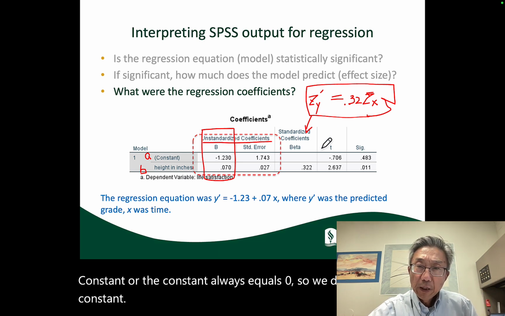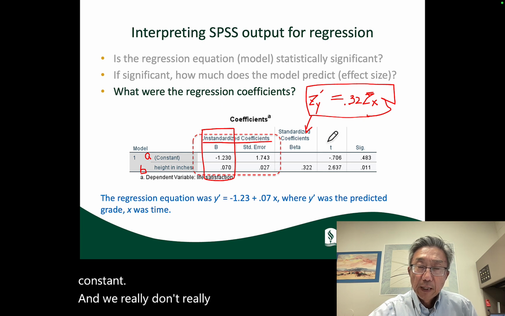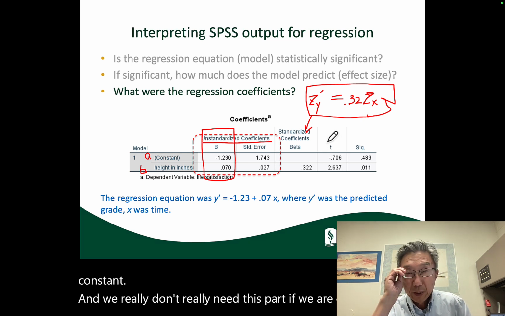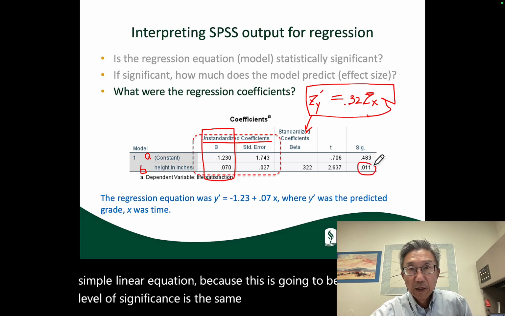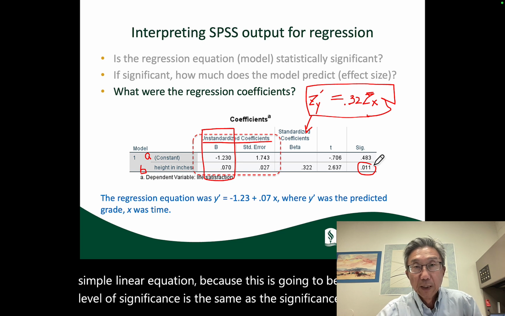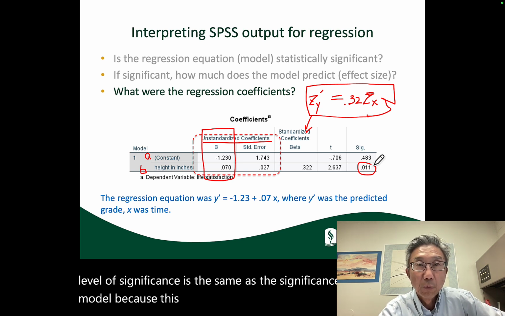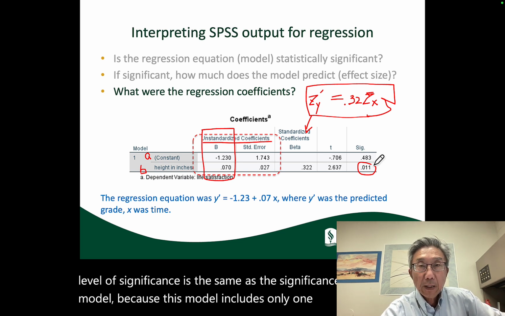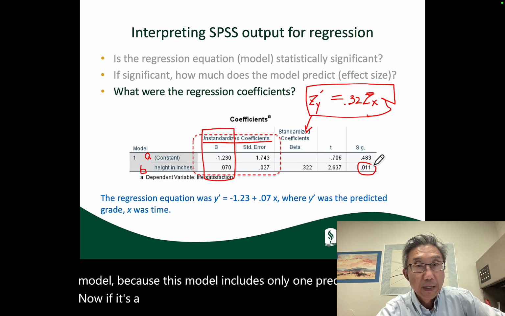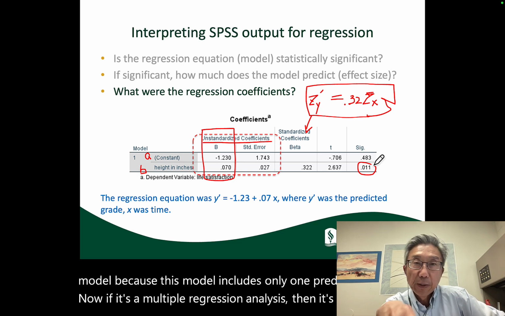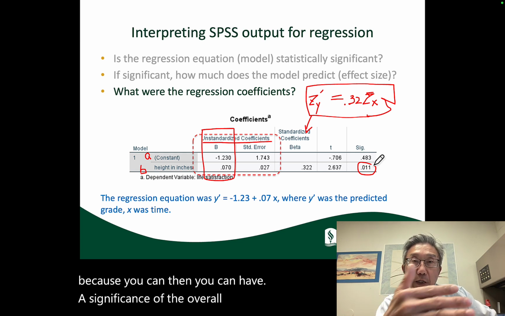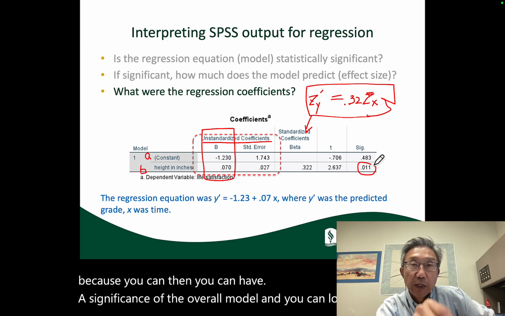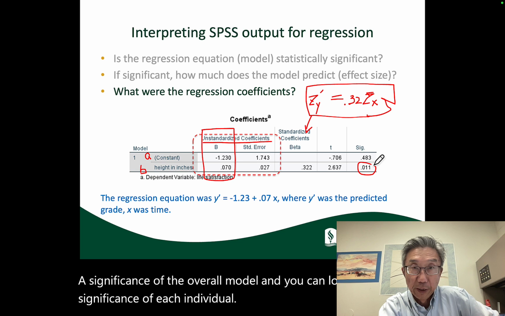And we really don't need this part if we are conducting a simple linear regression, because this is going to be redundant. The level of significance is the same as the significance of the overall model, because this model includes only one predictive variable. Now, if it's a multiple regression analysis, then it's a different story, because you can have a significance of the overall model, and you can look at the significance of each individual predictor.